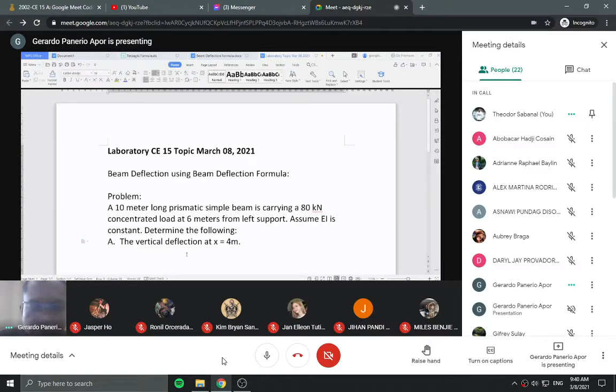B, the slope at x equals 5 meters. C, the maximum vertical deflection.